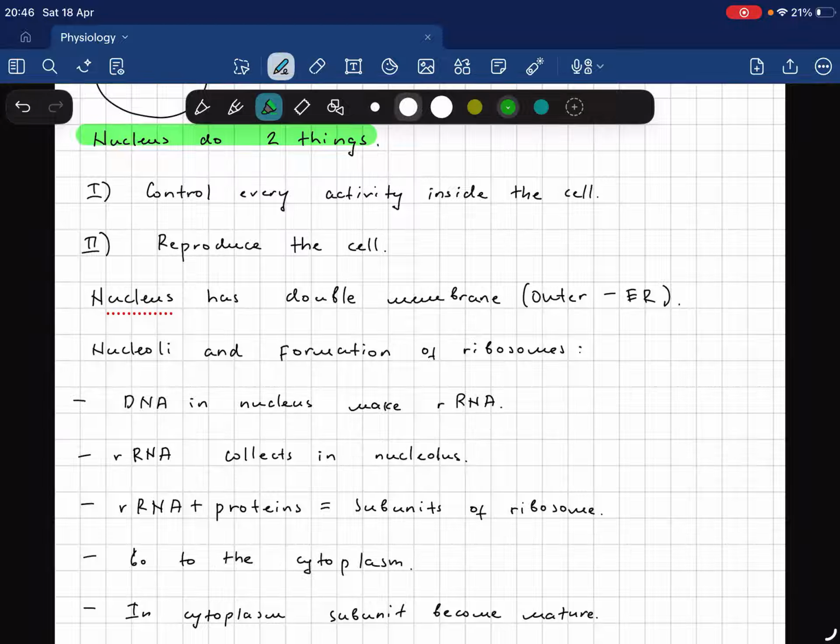That ribosome is immature, and that immature ribosome is sent to the cytoplasm through the pores of the nucleus, and then before protein synthesis, the immature ribosome will become the mature ribosome.